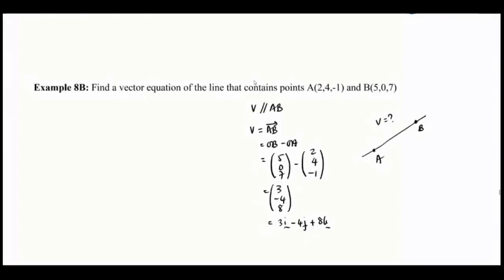So we want to know A. Normally we take the first point. If the first point is Q, Q is A. Okay, so A is done, V is done. So directly we substitute into the vector equation of a line. We get r equal to 2i plus 4j minus k plus t(3i minus 4j plus 8k).